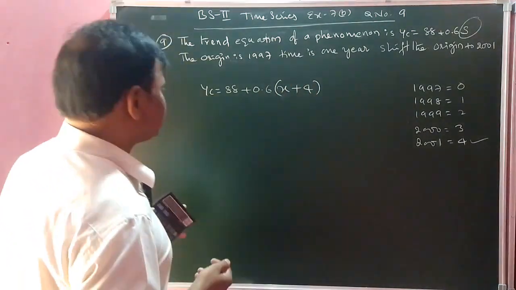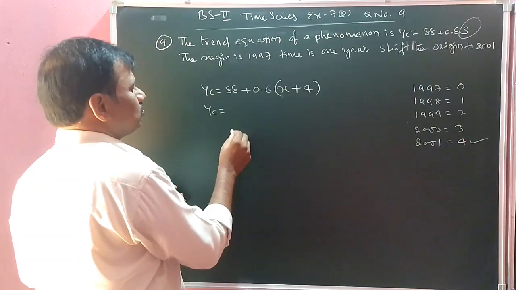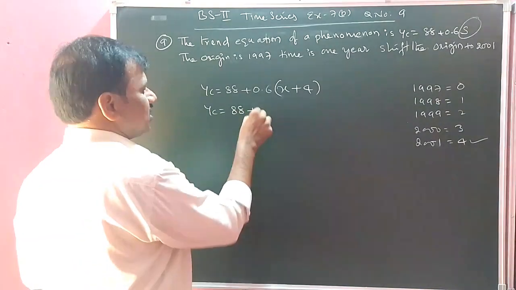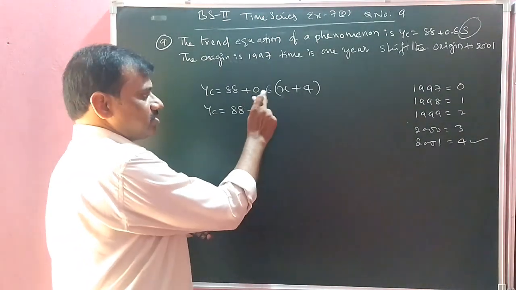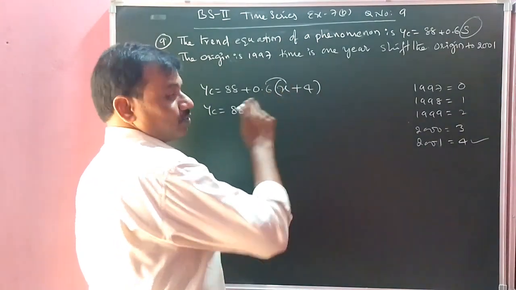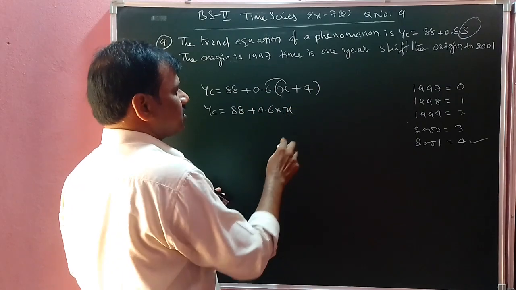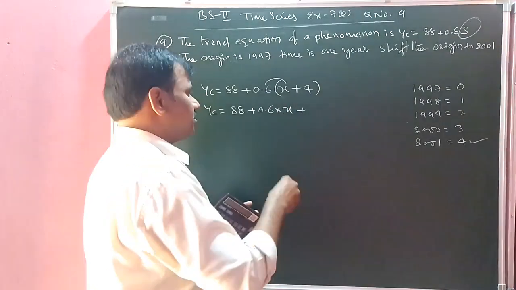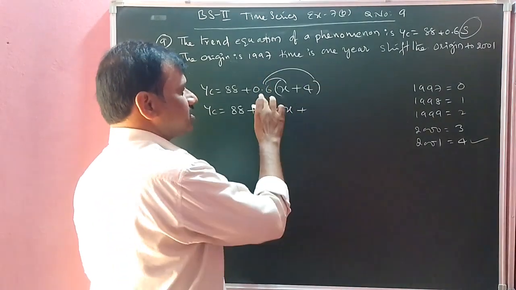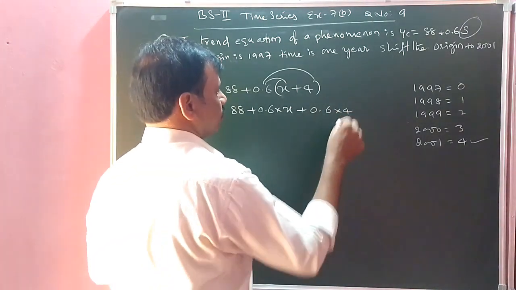Next, YC equal to 88 plus, so this 0.6 multiplies to x and 4. So 0.6 into x, plus as it is, 0.6 into 4.